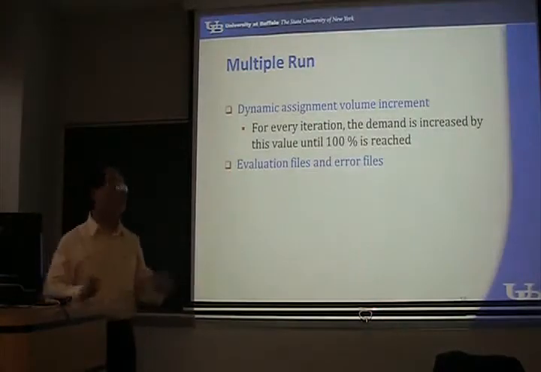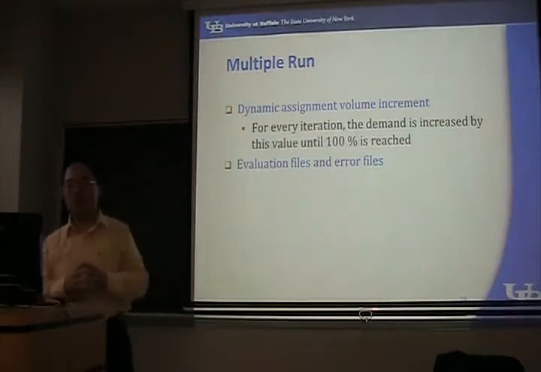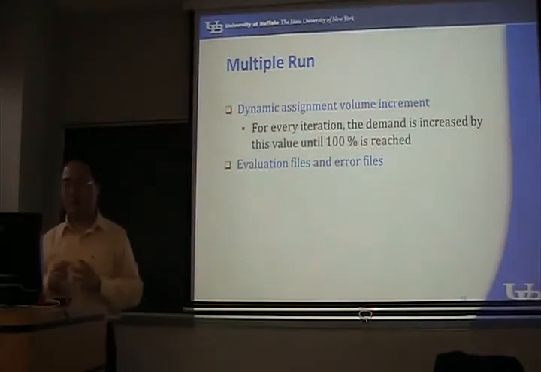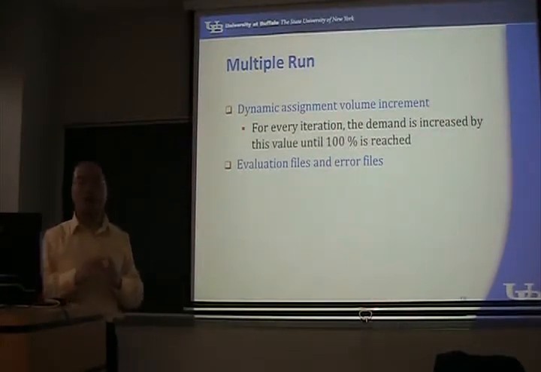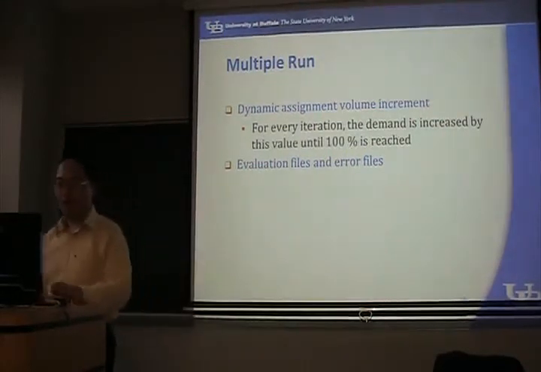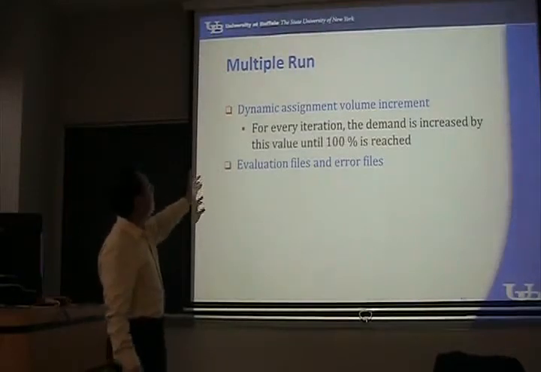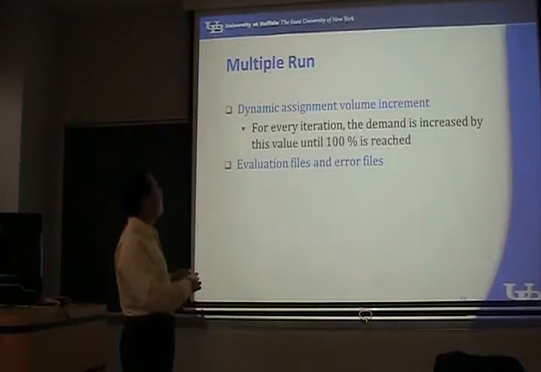In VSIM, you are allowed to run the model multiple times. And you can specify two parameters I will describe later. And you can store the results to so-called evaluation files. You can specify that. For the volume increment, this parameter means for every iteration, the demand is increased by this value.